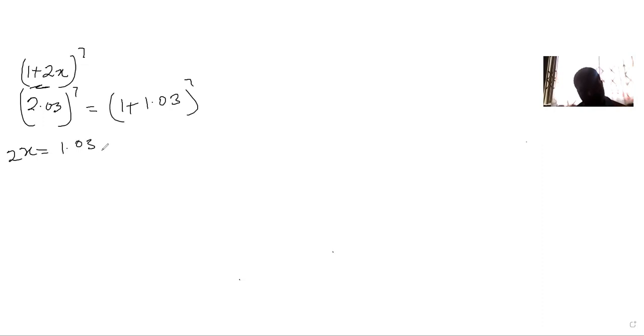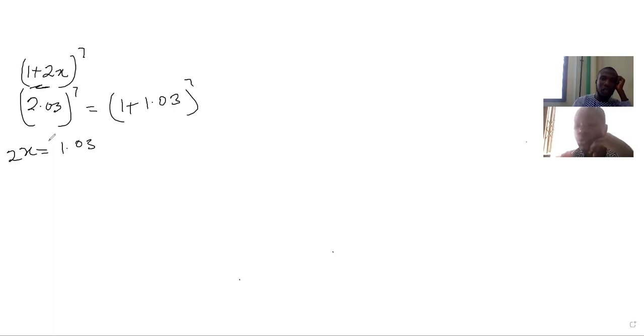Dividing by 2, x will be equal to 0.515. This is what you got.